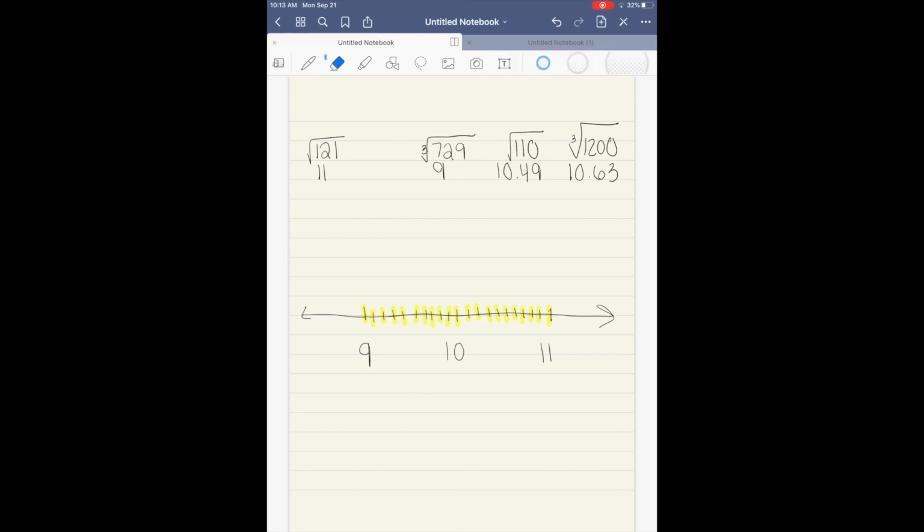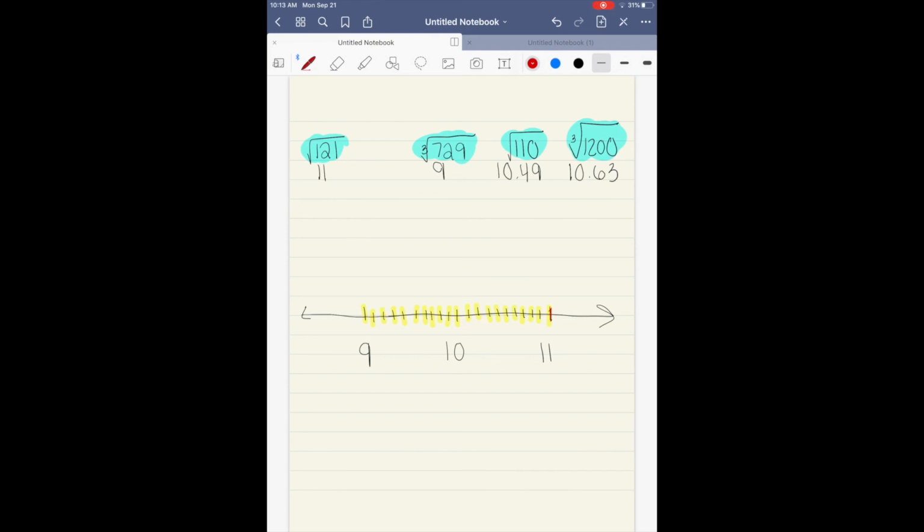Next, we're going to place all of our original numbers right here on the number line. So we want to make sure we get all of these guys on the number line. The decimals just guide us on where we put them on the number line. I'm going to change my pen color to red. So first one is very simple. It's going right on 11.